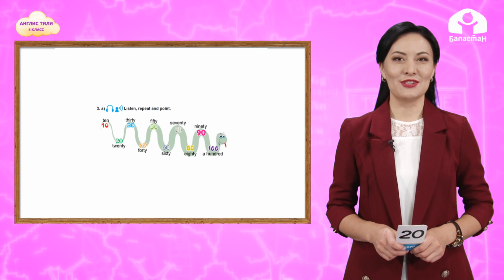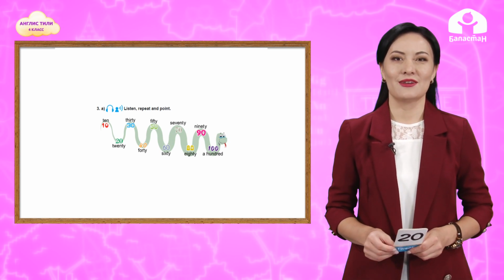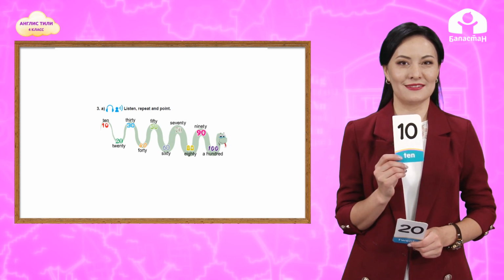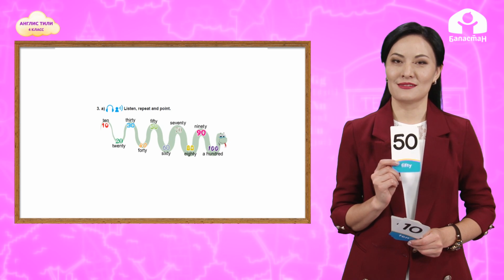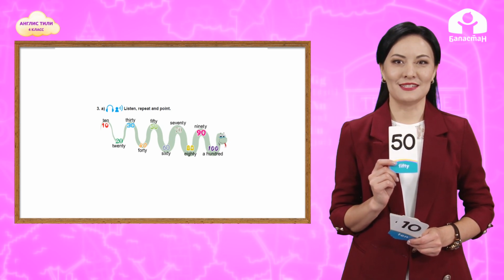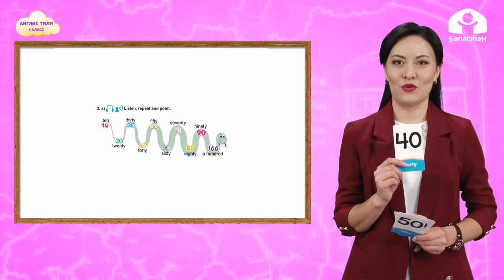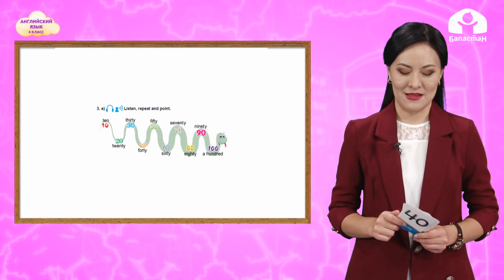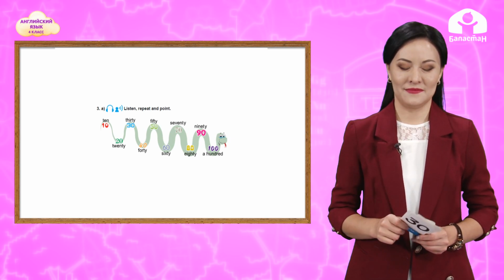Now, children, I show you a card with the number and you say it. Are you ready? What number is this? Yes, it's 10. What number is this? Yes, it's 50. What number is this? 40. Right. What number is this? 30.